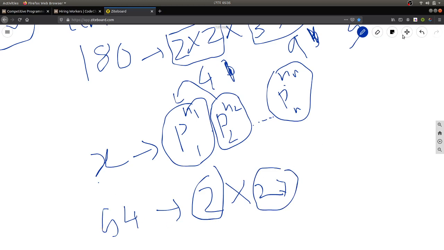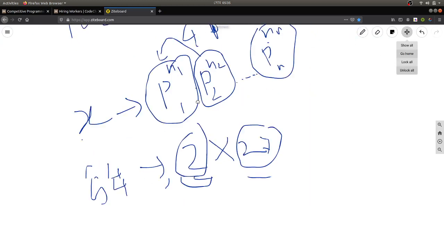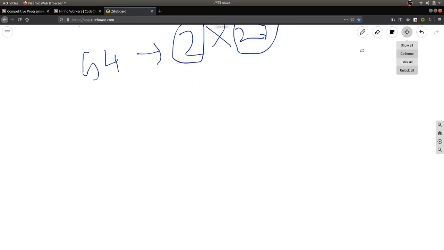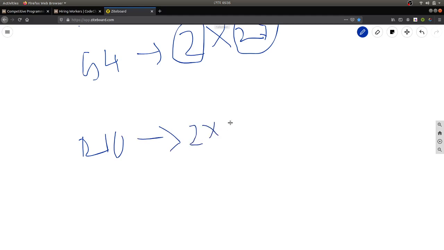Suppose we were given 210. Then the prime factorization will be 2 into 5 into 3 into 7. We take all of them separately.